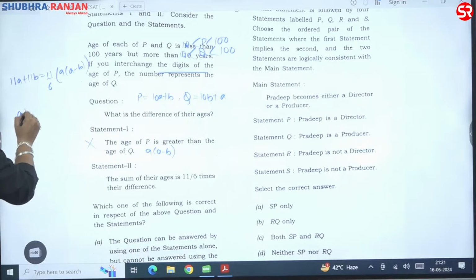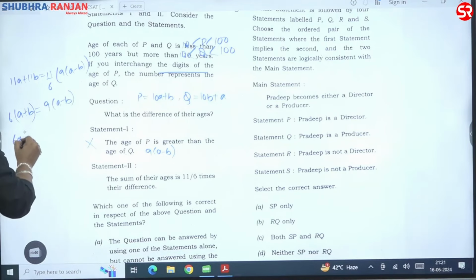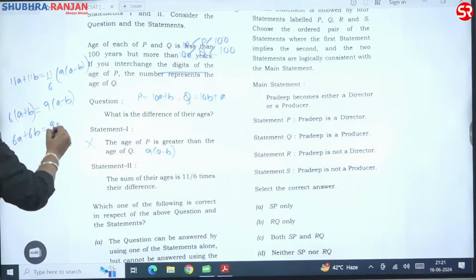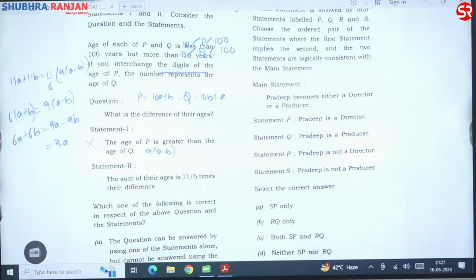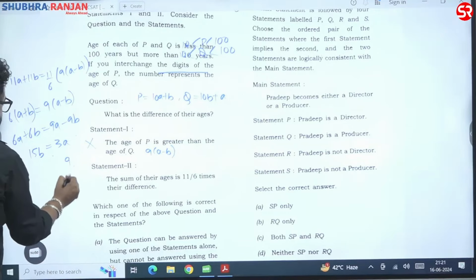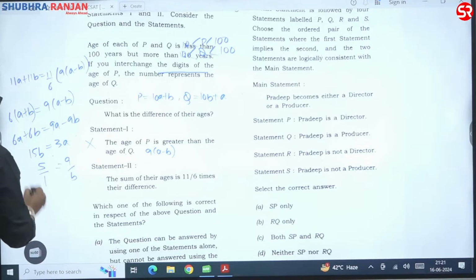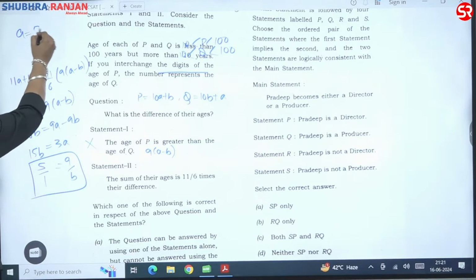So this is A plus B, 11 cancels out. 6 times A plus B is equal to 9 times A minus B. 6A plus 6B is equal to 9A minus 9B, which means 3A is equal to 15B, which means A upon B is 5:1. Now A and B are single digit numbers. In that case, definitely A is equal to 5, B is equal to 1, isn't it?